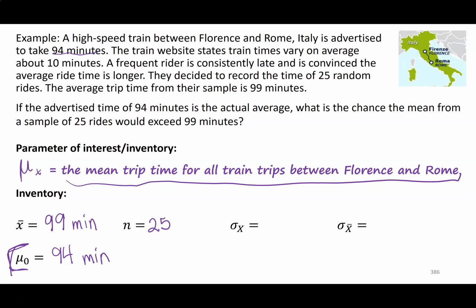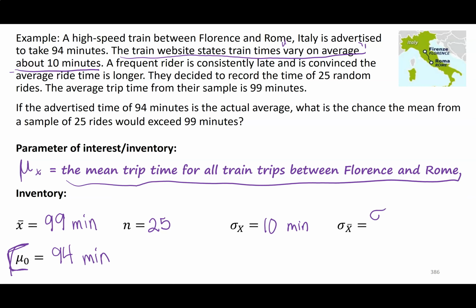So now we're talking about the standard deviation. The train website states train times vary on average about 10 minutes. That vary on average means standard deviation. So 10 minutes is my standard deviation for the population.